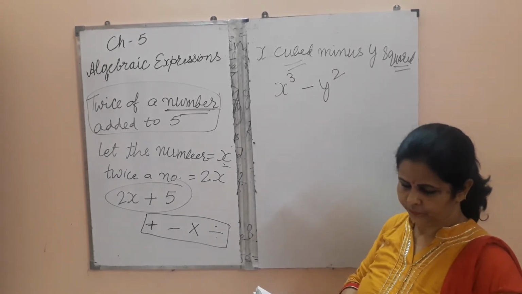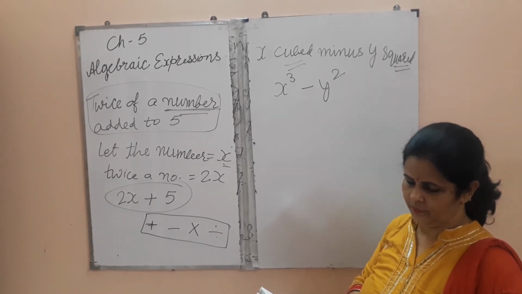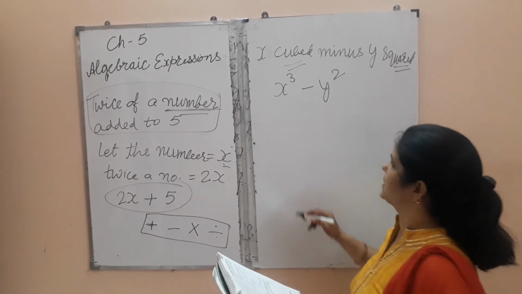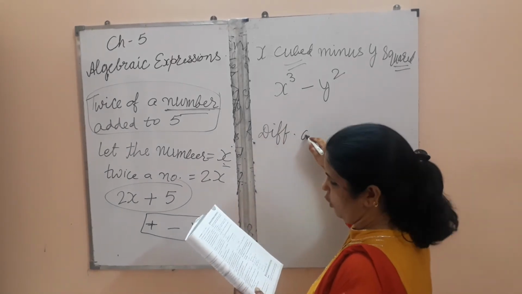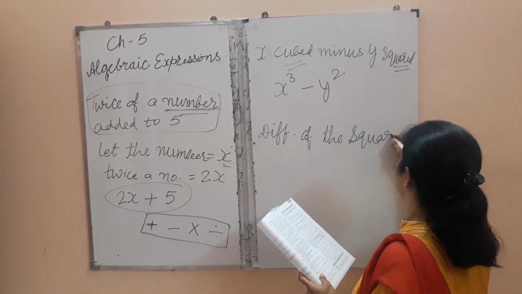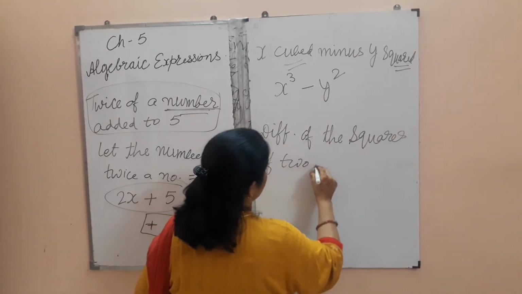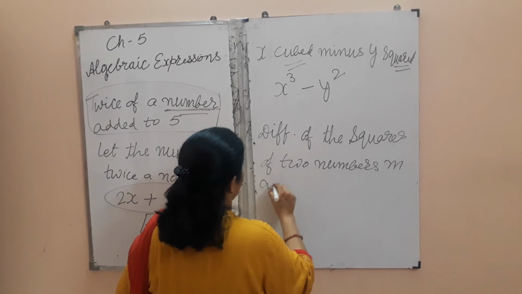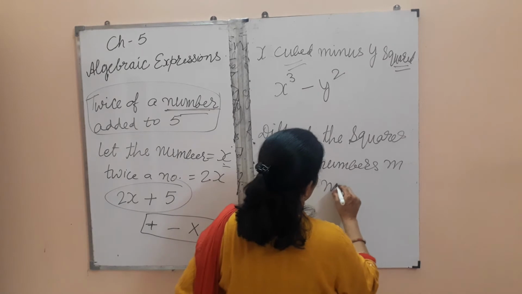Next is: the difference of the squares of two numbers m and n, multiplied by 6.